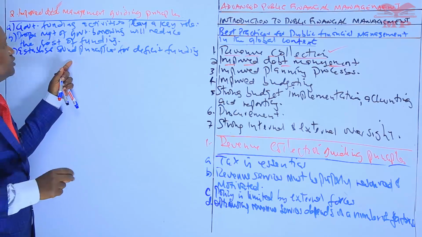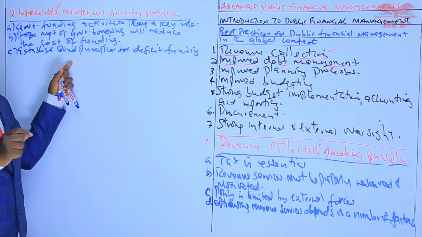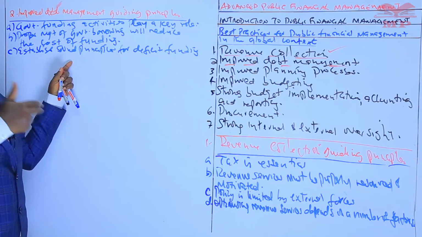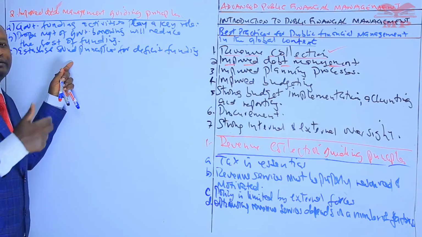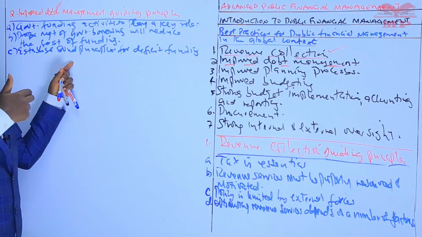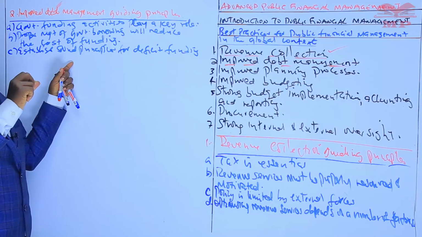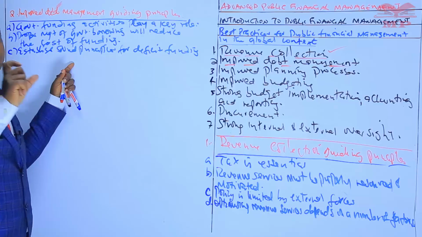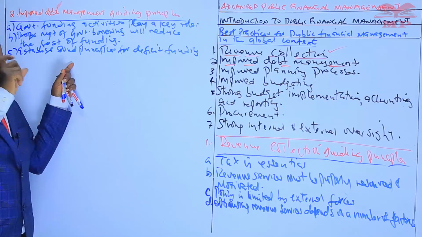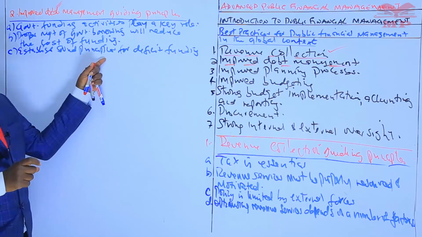The third one is that prudential guidelines should be put in place to manage contingent liabilities with respect to government guarantees, the government employee pension fund, and also debt consolidation to minimize costs, and also parastatal borrowing should be set. That is the third principle for deficit funding.